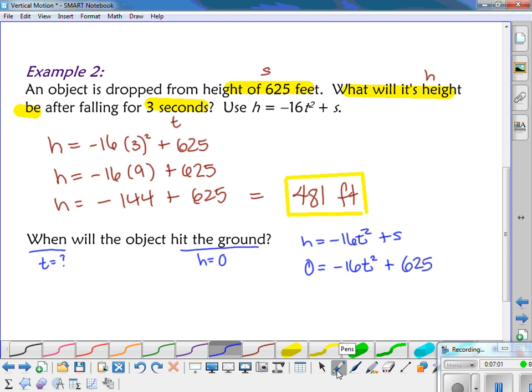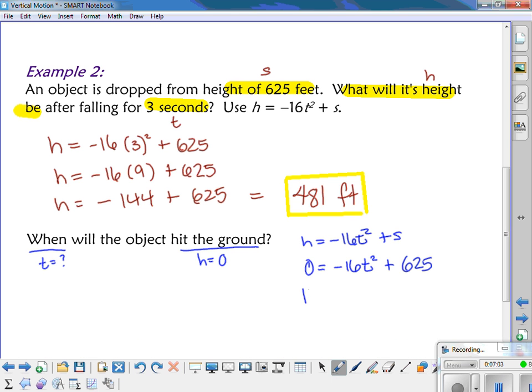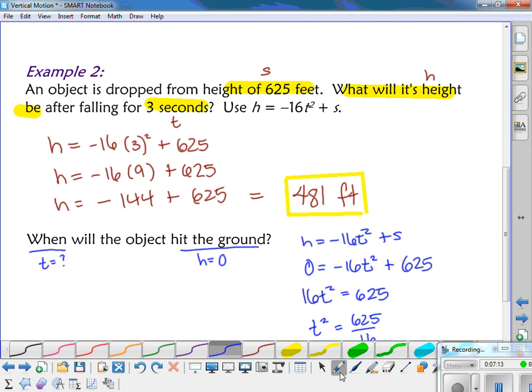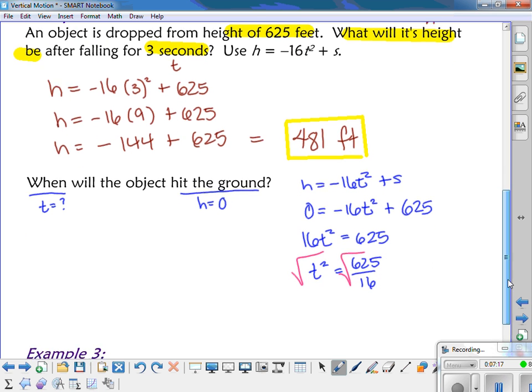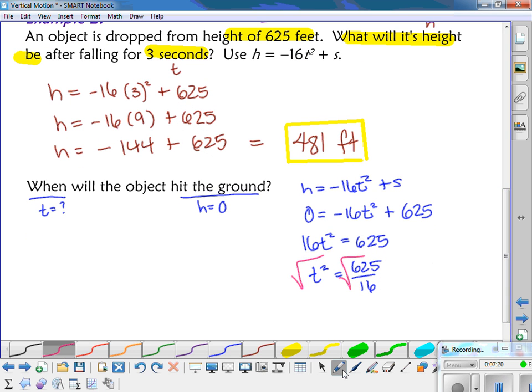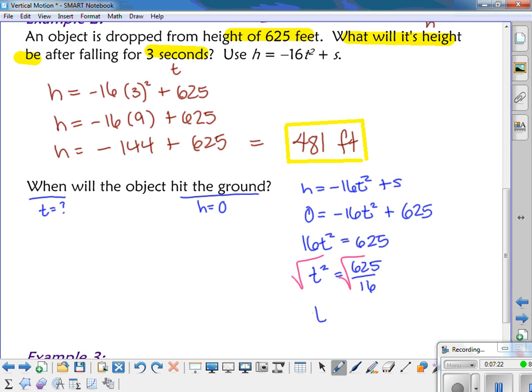Okay, so if you add the 16t squared to both sides, you get 16t squared equals 625. And then you divide by 16, and so t squared is equal to 625 over 16. Those are both perfect squares. So did anybody figure out what times what equals 625? 25.